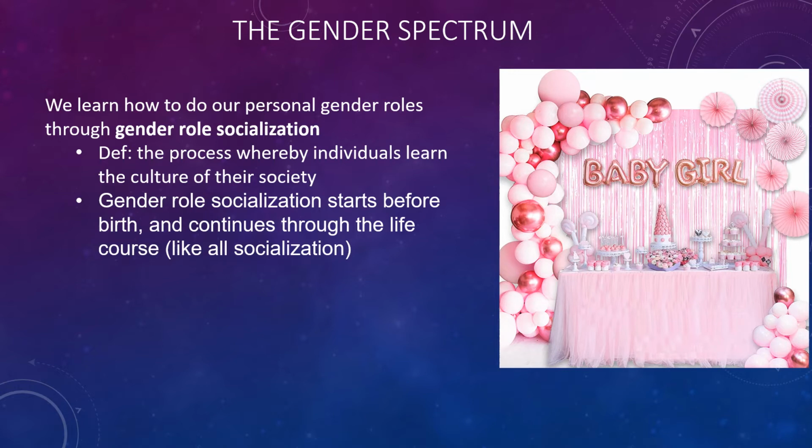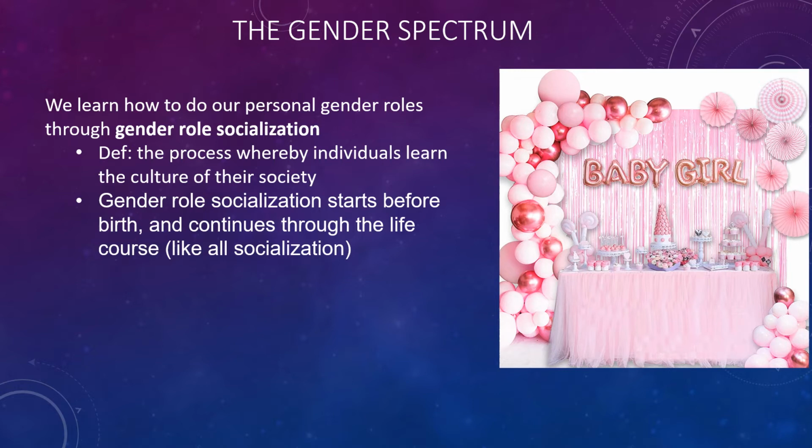So obviously, the fetus cannot learn how to be gendered, right? That's not part of biological development. Once a child is born, for that first couple weeks, other things are turning on. They're not really learning gender, but we start doing that stuff to them at birth and sometimes before birth.